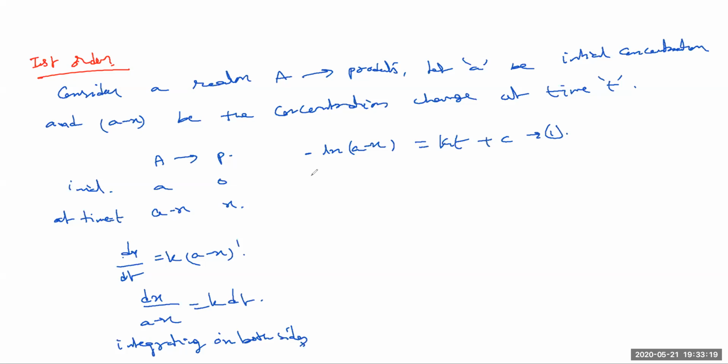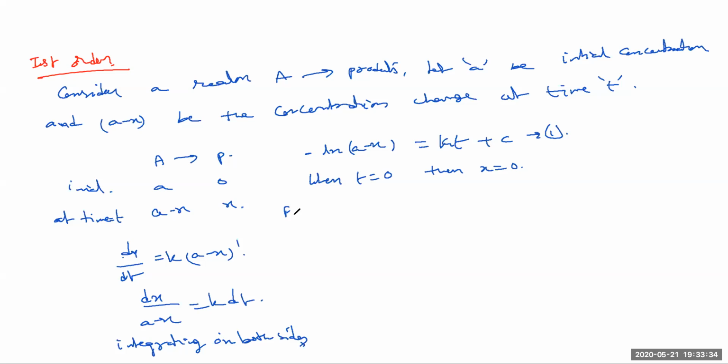Now when t is equal to 0, x also equals 0.